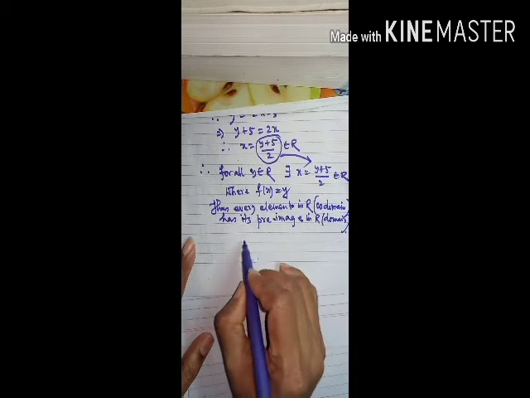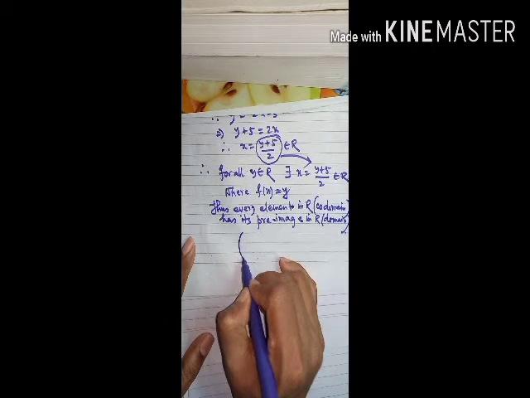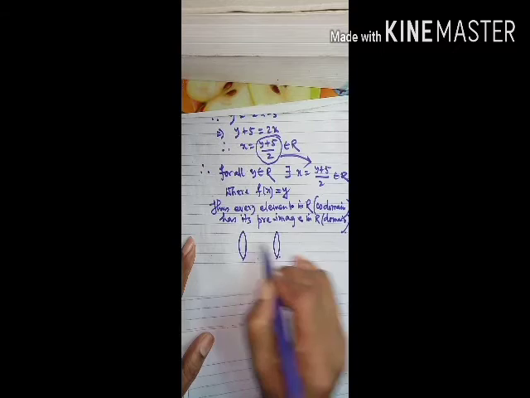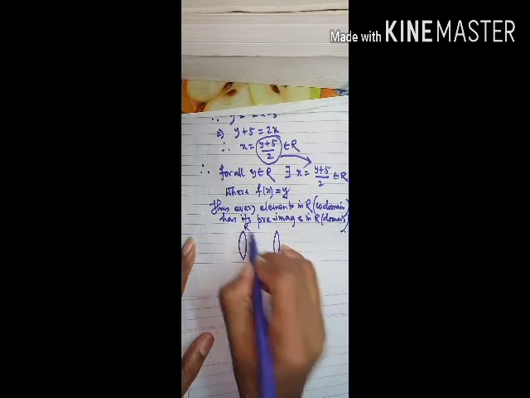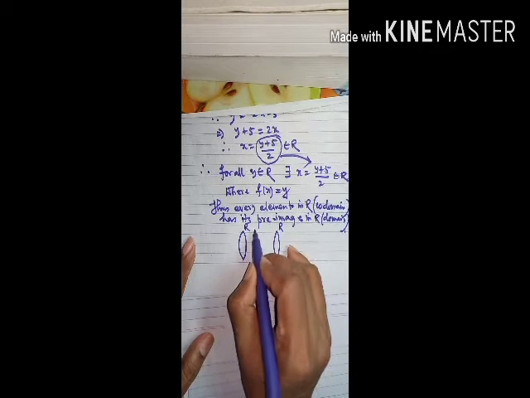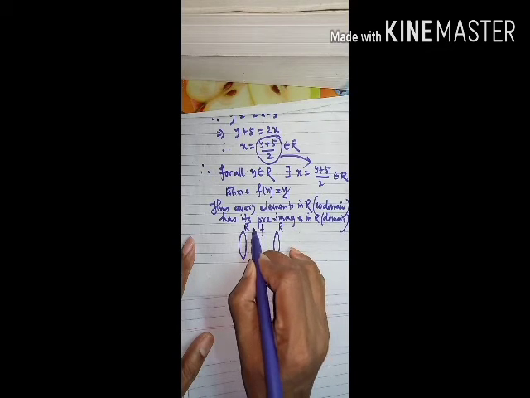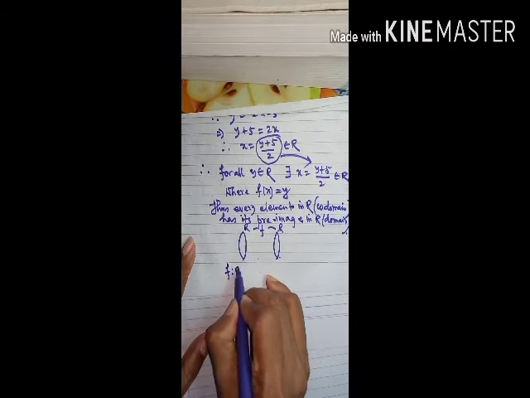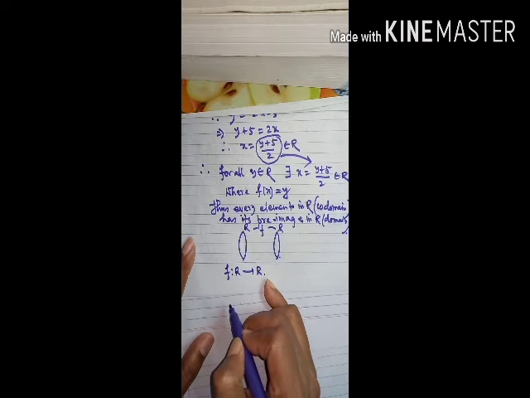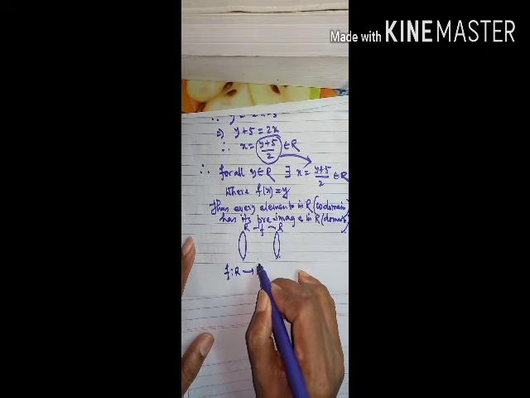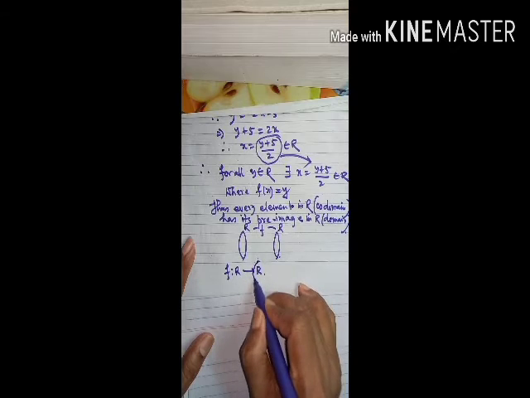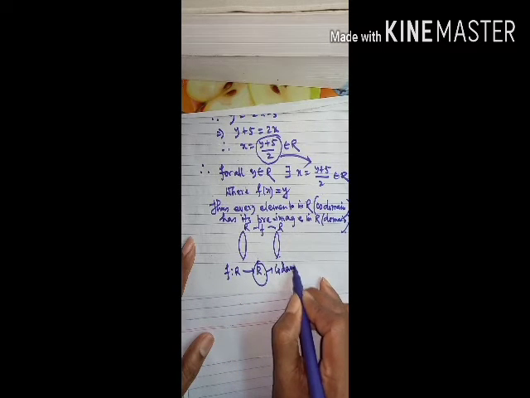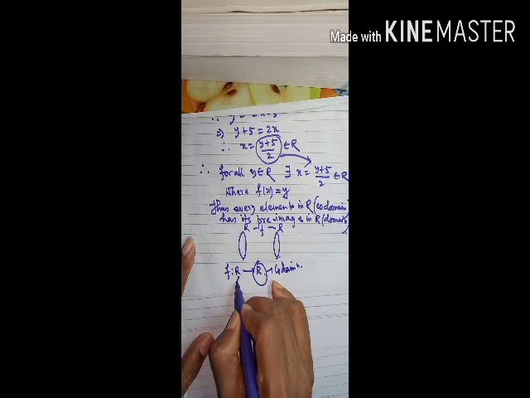Just give an example. Suppose here also both are R. Given this is R, here also R. That is, the relation is function f from R to R. This R here is codomain, here domain.